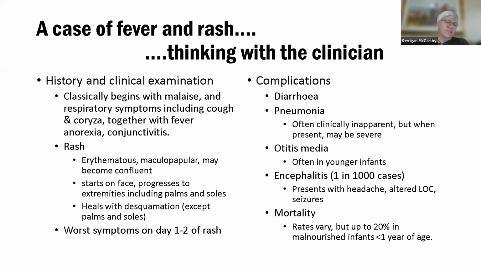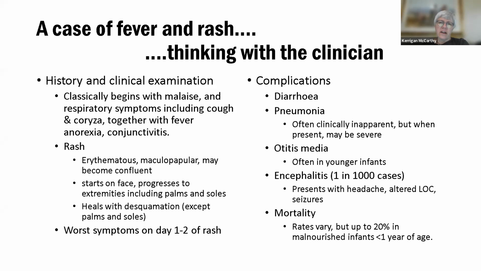It heals with desquamation. So as the rash starts to heal, the skin will develop a fluffy white texture as the infected skin cells de-slough off. And as I said, the worst symptoms occur on day 1 to 2 of the rash.